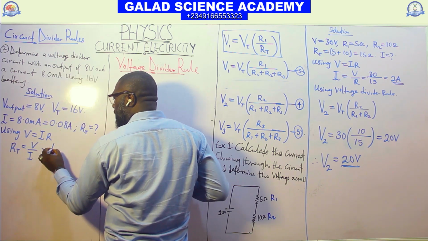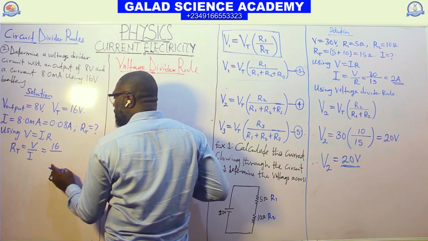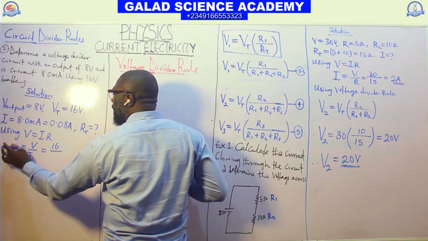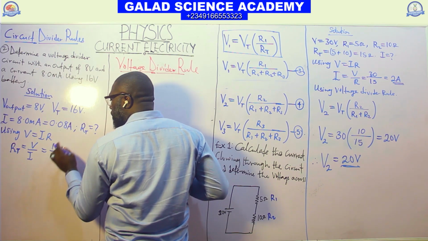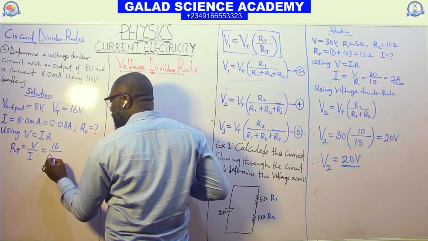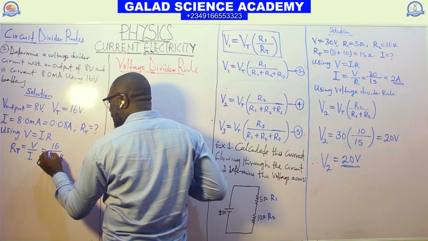V total is 16. What is the current given? Current given is 0.08 ampere.